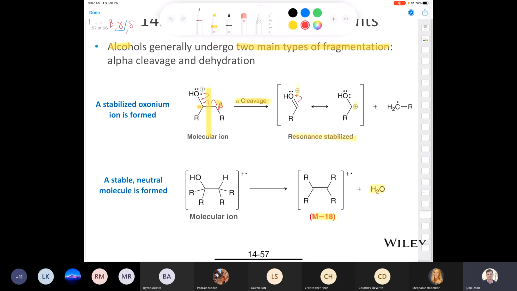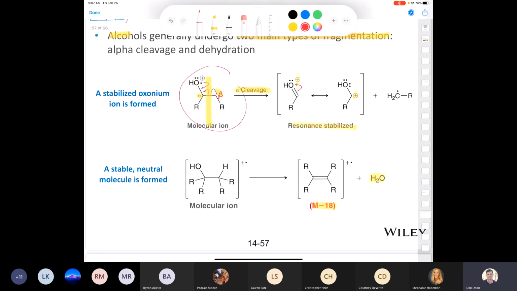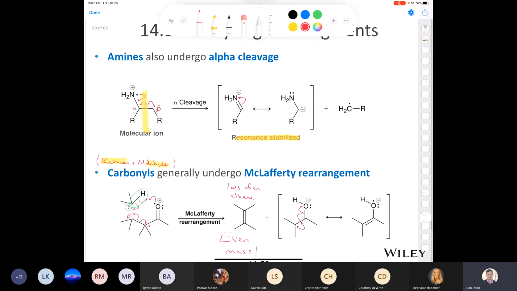If you have an alcohol, the carbon that the oxygen is attached to is the alpha carbon. When you have an amine, the carbon that the nitrogen is attached to is the alpha carbon. The carbons that follow the alpha carbon are the beta carbons. That's it. Does that help? Nothing more than that.